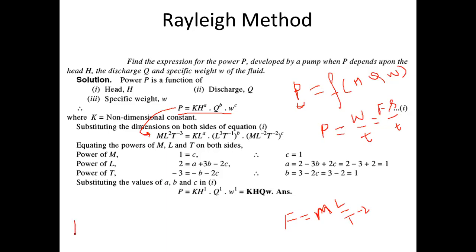In the power, if you substitute here, power will be force, M L T^-2, into distance, which is L, and in the denominator there is time, T. If you solve, power will be M L into L, so L squared, and T^-2 in the numerator with T in the denominator gives T to the power minus 3.